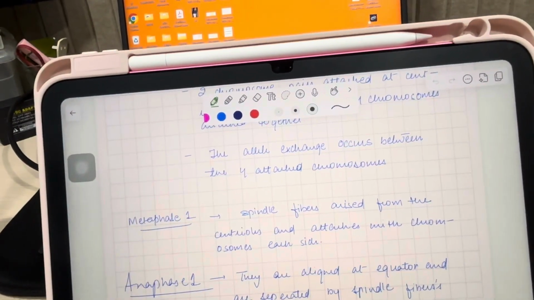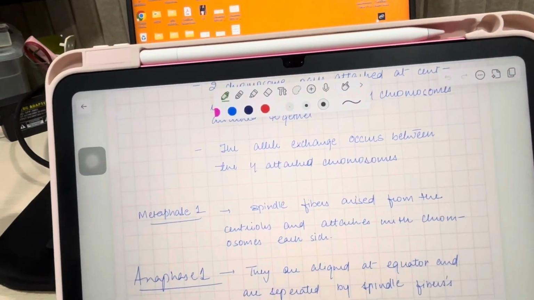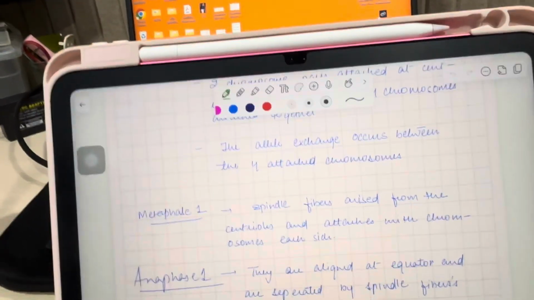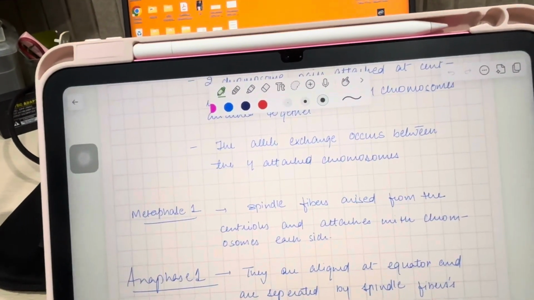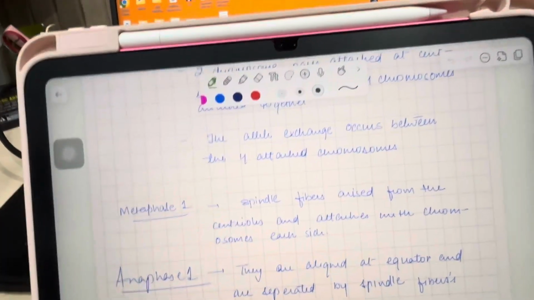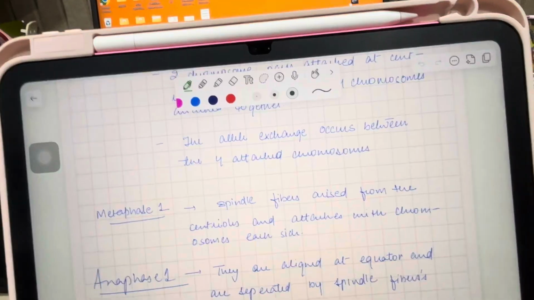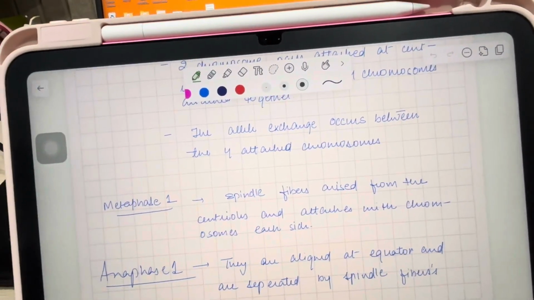The chromosomes were attached together, and then as the nuclear membrane disappears, the spindle fibers appear. Same happens here. As the nuclear membrane disappears, spindle fibers rise from the centrioles.